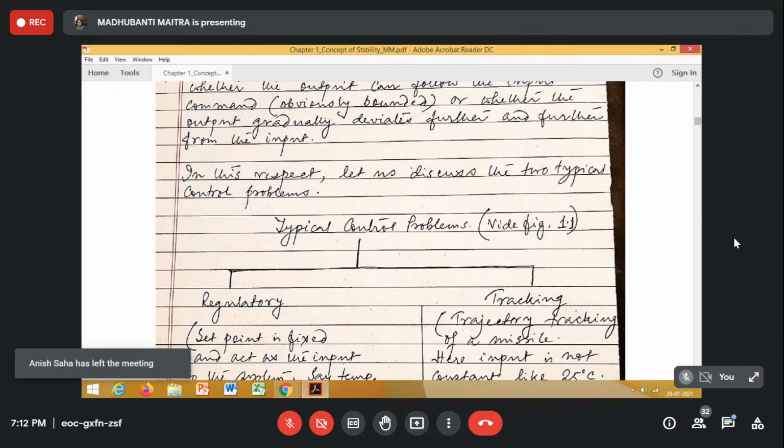So in this case, you see the input signal is constant, fixed, that is 25 degrees centigrade.